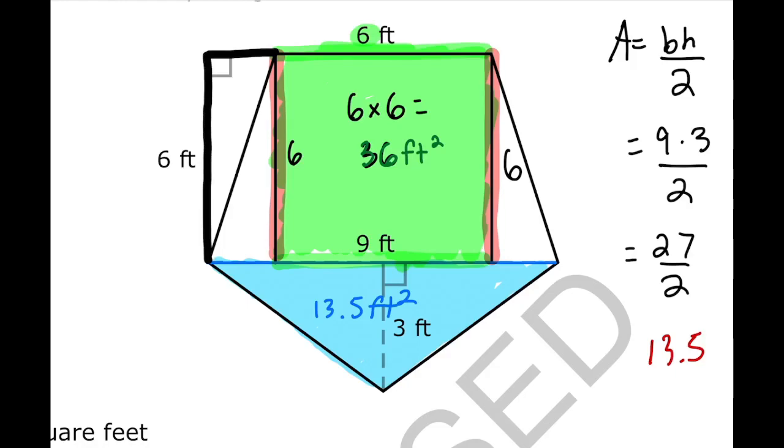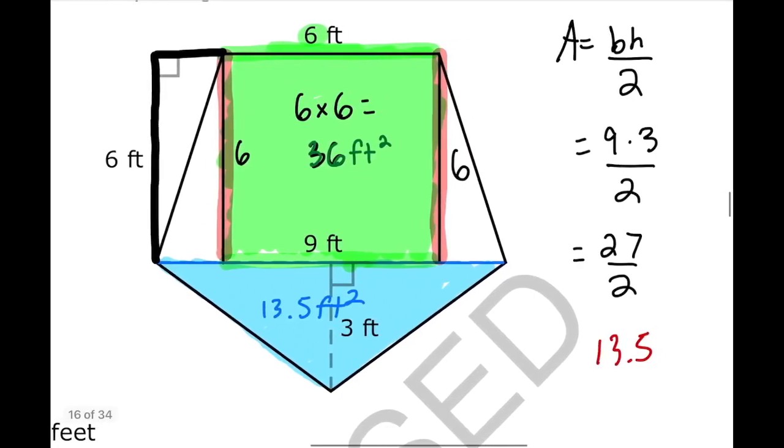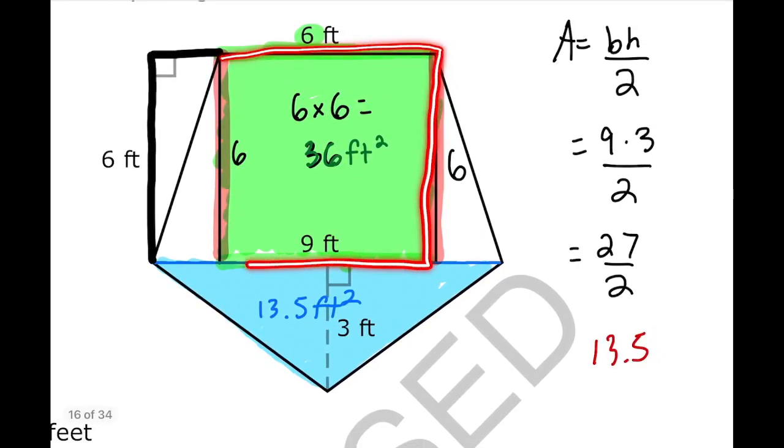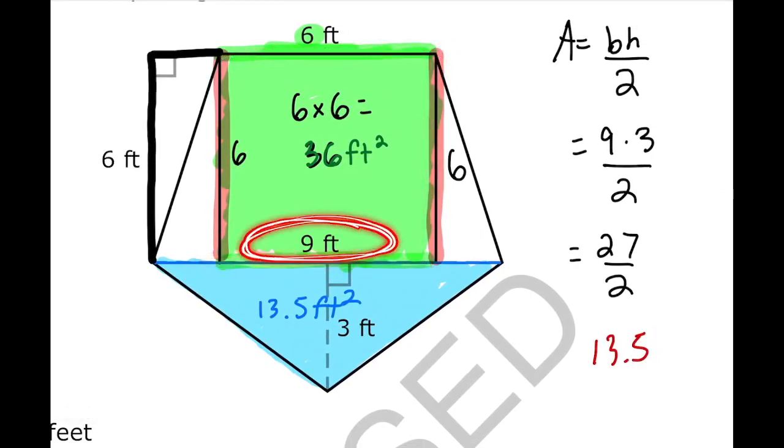Now for this rectangle, it's easy to see that the length here is 6 feet, but what is this length right here? Well, let's go back to what we did in the very beginning. Remember with this square, we had this length that we measured right here, and we said that the total was 9, but this much of it is only 6.